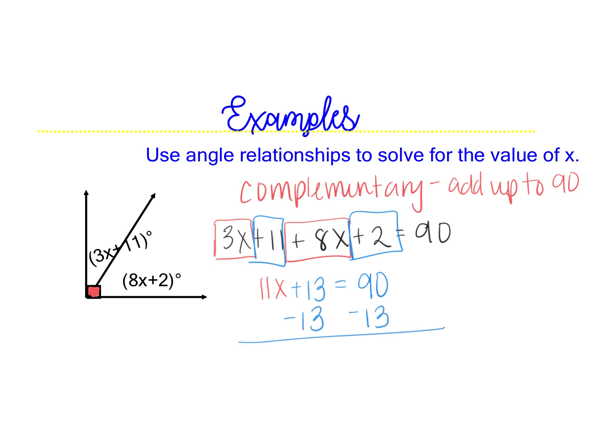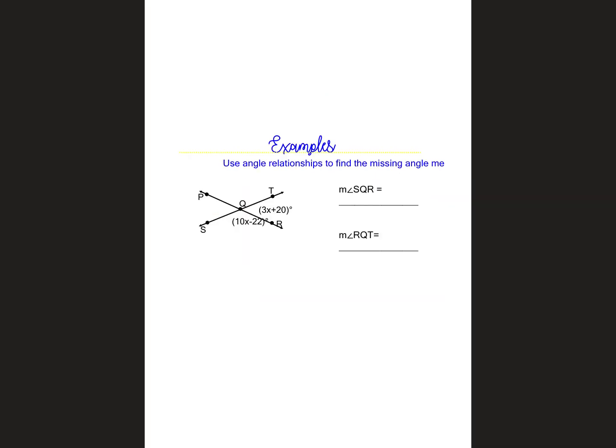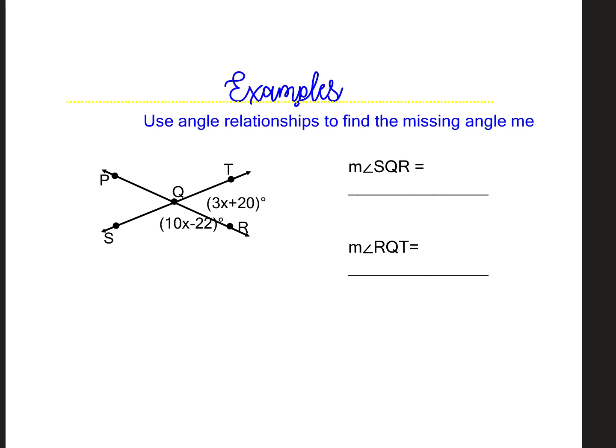Subtract 13 on both sides. 11x equals 77. Divide by 11. X equals 7. On this next one, if you look here, we have these two angles.